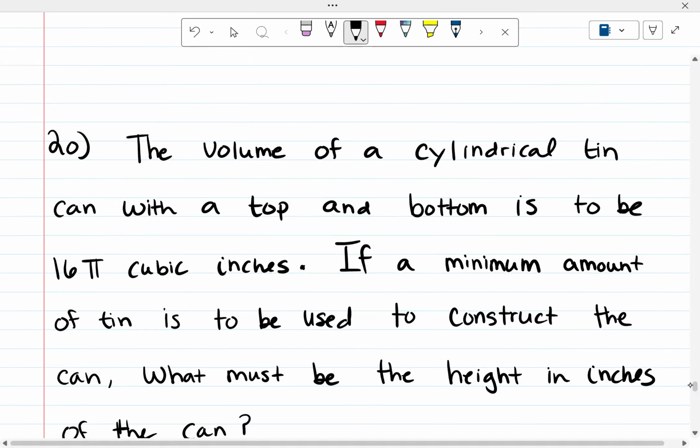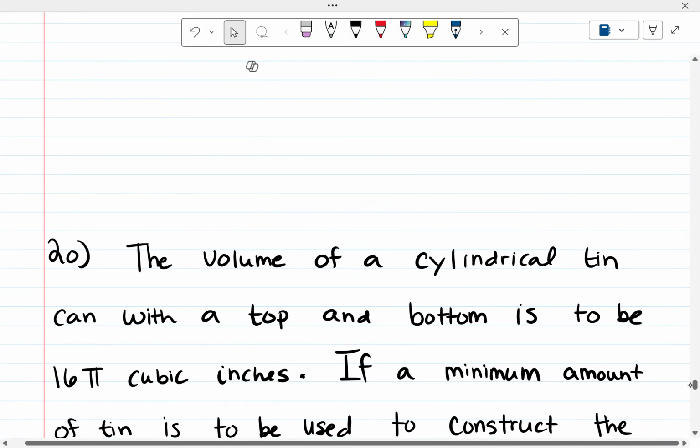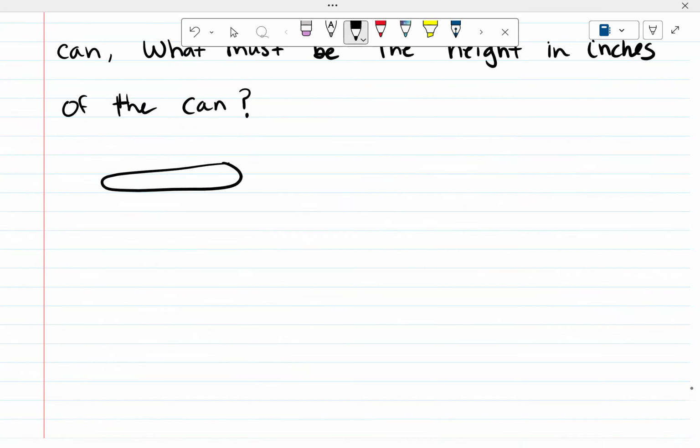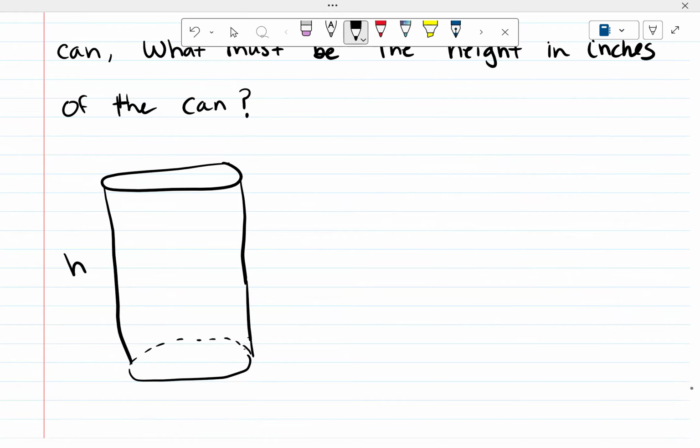If you want, you can draw the can. And we get this. And this is your height. And then the volume is, they tell you the volume is 16 pi.